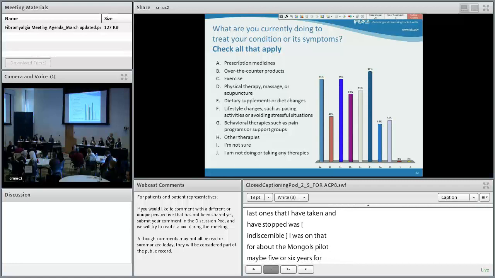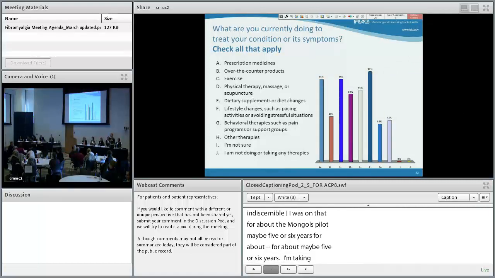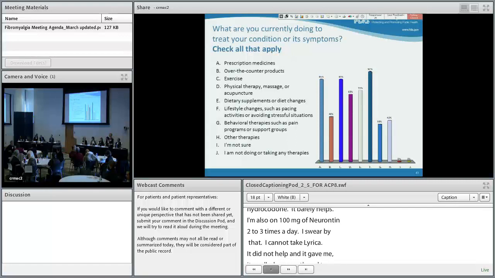I am now taking 10.5 milligrams of hydrocodone 3 times a day. It just barely helps. And I'm also on 100 milligrams of Neurontin 2 to 3 times a day. I swear by that. I cannot take Lyrica, did not help, and it swelled my mouth and my tongue.